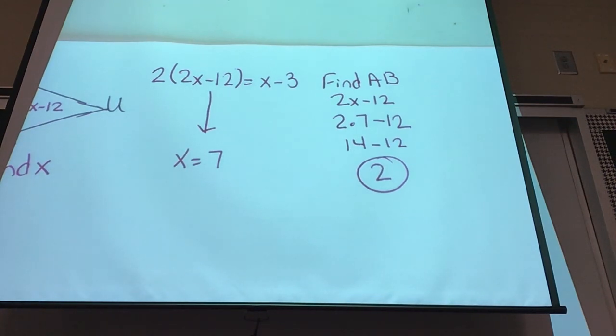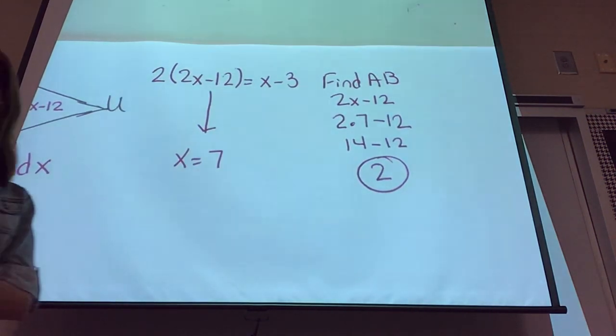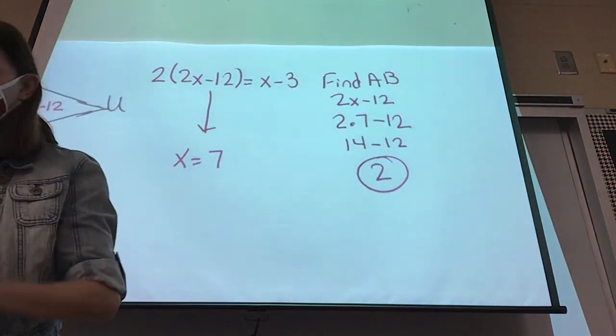Are they asking for x, or are they asking you to plug it back in and find an answer? It just depends. But either way, you still have to find x. You can't avoid x. Okay? So I'm going to give you one, and you actually have to plug x back in on this one. You're not going to quit on x on this one.